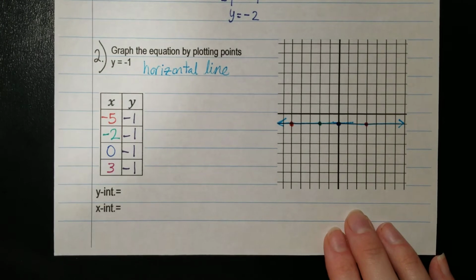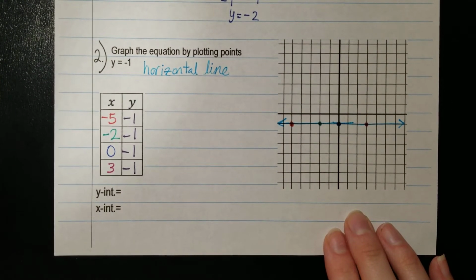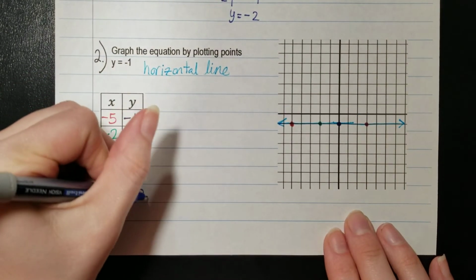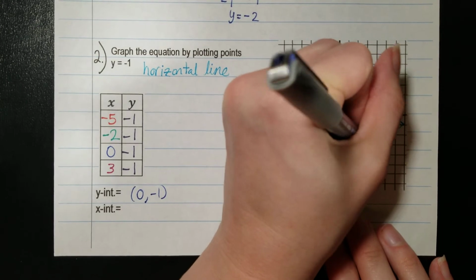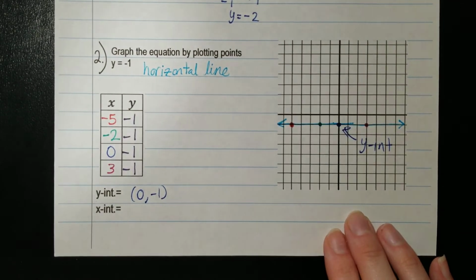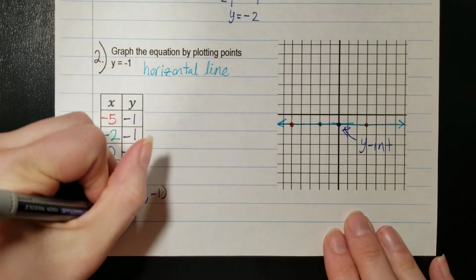All right, so the y-intercept is located at (0, -1), right there. And the x-intercept does not exist for this graph, so none.